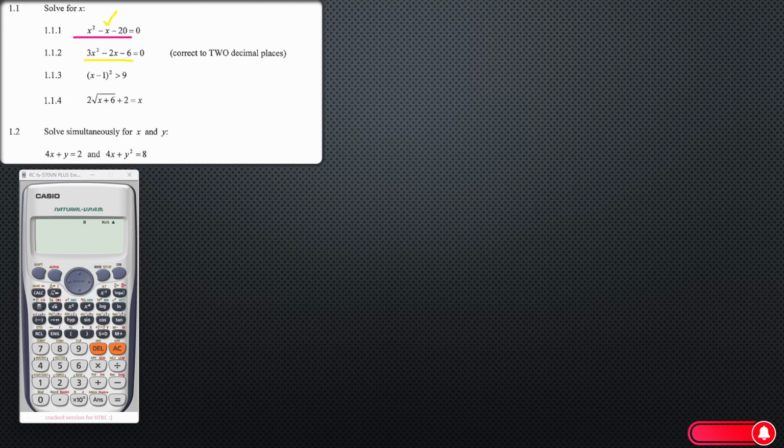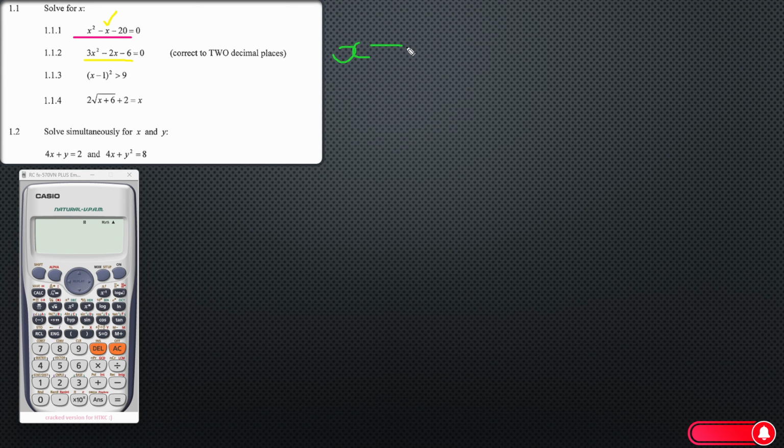With the following question, you can see that they said that when you're solving for x, you should place your answer to 2 decimal places, meaning that they are just telling you to go and use the quadratic formula. So you just have to write down the quadratic formula and solve the question.